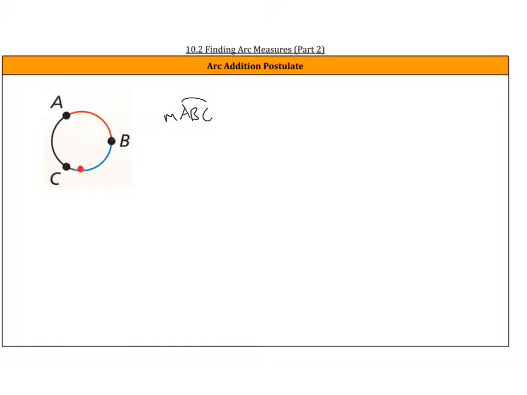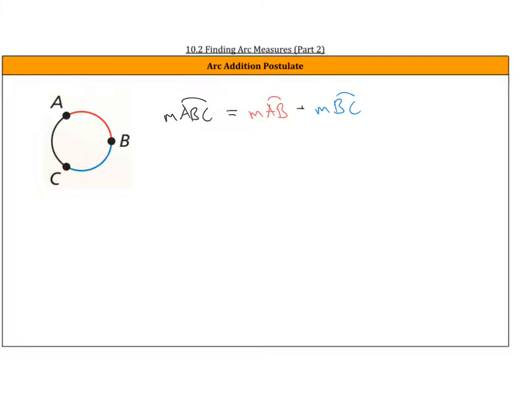And if it is made up of smaller arcs, then what the arc addition postulate tells us is that we can add these arcs together. So the measure of arc ABC will be equal to the measure of arc AB added together with the measure of arc BC. And that's all there is to it.